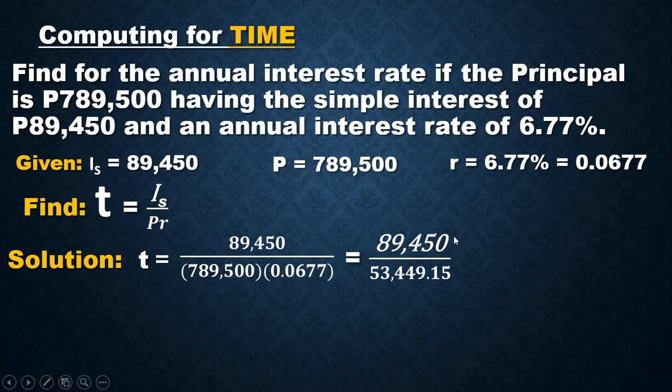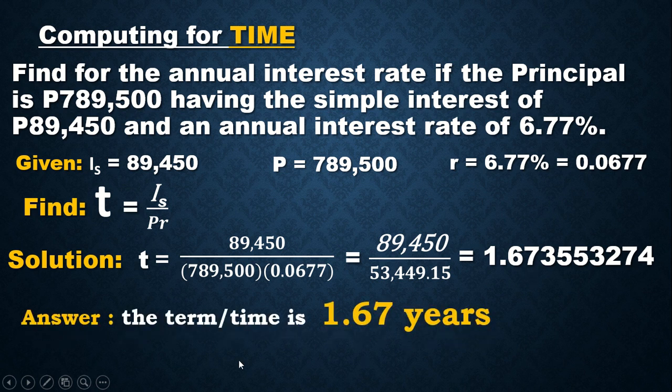We have to divide 89,450 sa 53,449.15. Kaya po siya ay naging 1.673553274. Ngayon, para ma-convert po natin sa years, kunin po natin yung 2 decimal points.